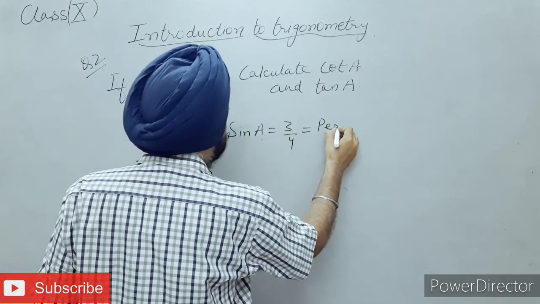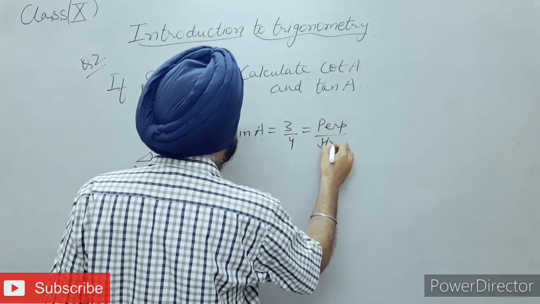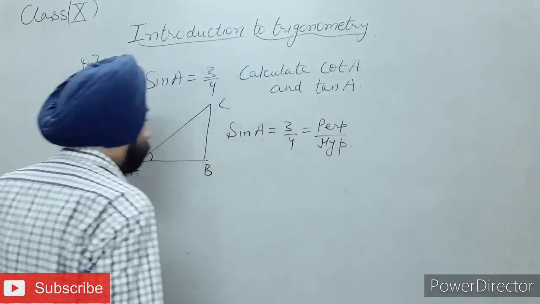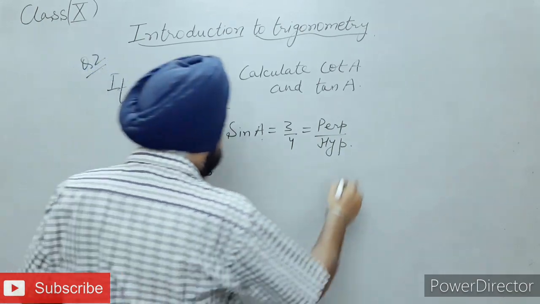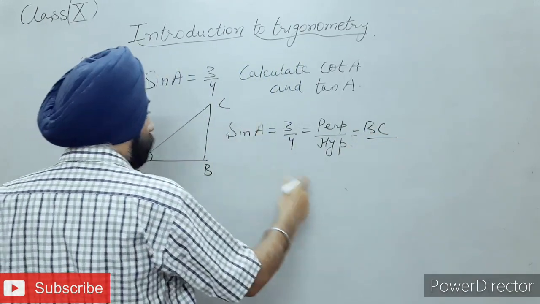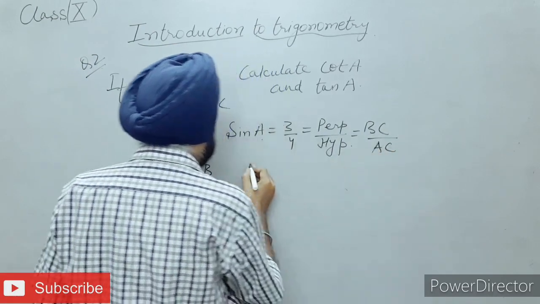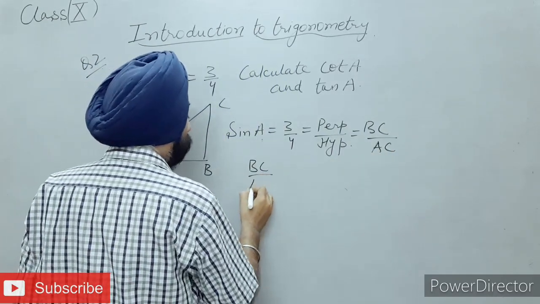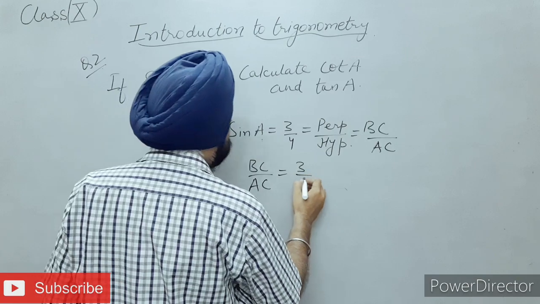It is perpendicular upon hypotenuse. Now what is perpendicular? BC. What is the hypotenuse? AC. It is BC upon AC equals to 3 by 4.